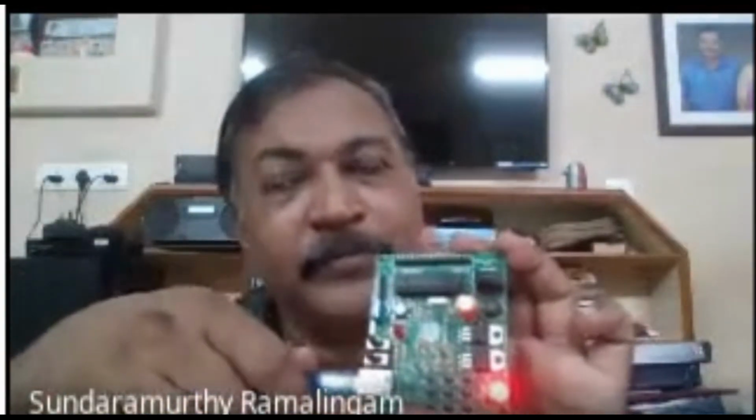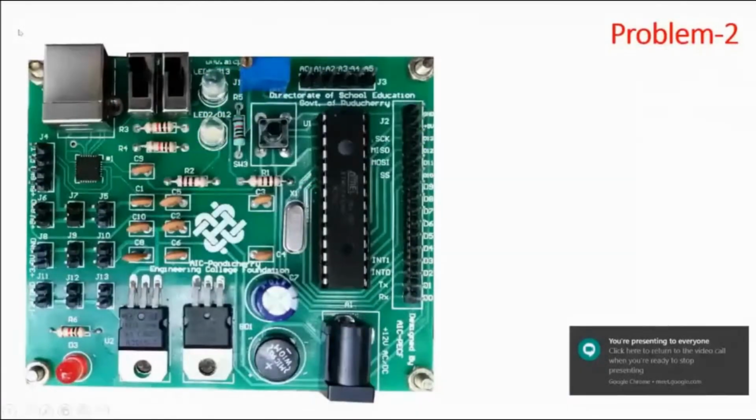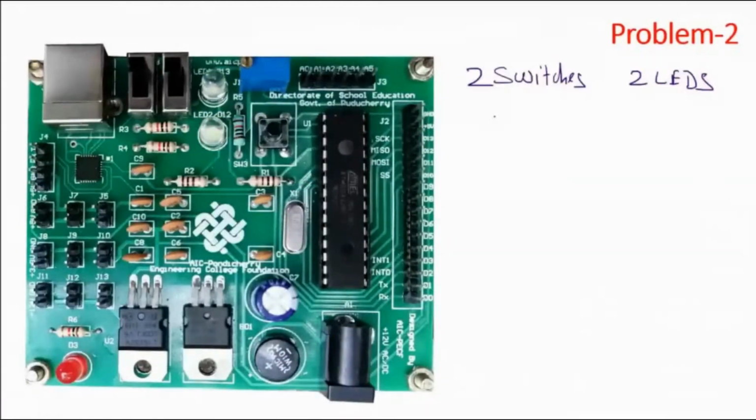In the second problem, you control the second switch with the second LED. The first LED is the green LED, which is connected to the first switch. The second LED is the red LED, which I want you to connect to the second switch. You have two switches and two LEDs. One switch is connected to pin 3.